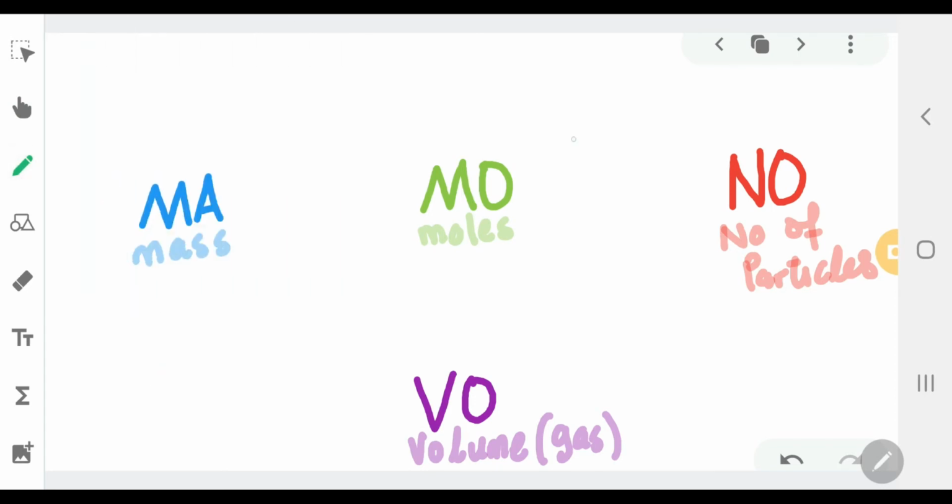We're going to take mole as the center point. If you go out from mole, it will always be times by something.